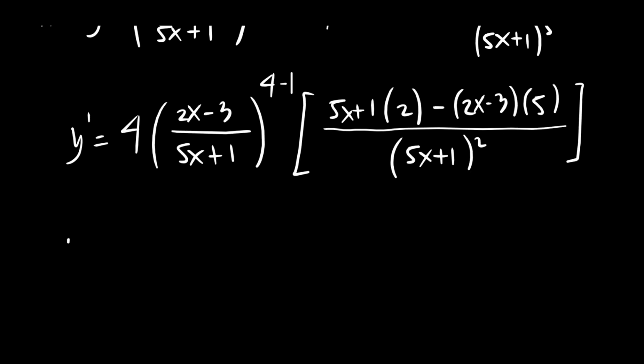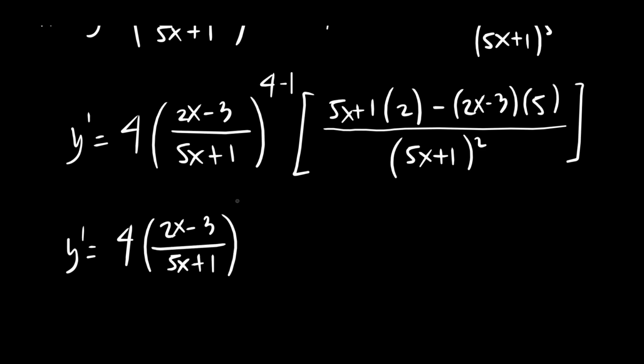So we have y prime is just equal to 4 multiplied by 2x minus 3 all over 5x plus 1, cubed, multiplied by, we will distribute the terms.